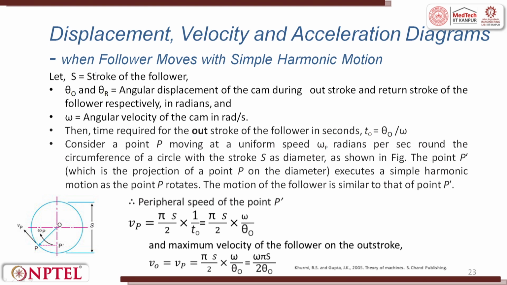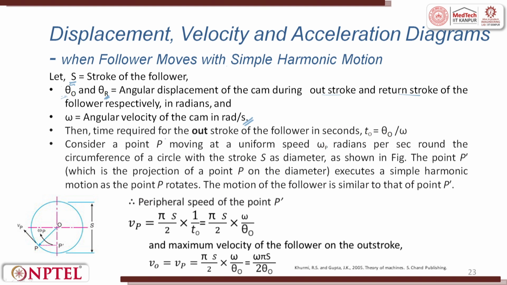So, now let us write down a little bit of the math behind it. When the follower moves with simple harmonic motion, let us take S as the stroke of the follower. The angular displacement of the cam during the outstroke and return stroke of the follower are represented as theta O and theta R, where omega is the angular velocity of the cam, defined in radians per second.